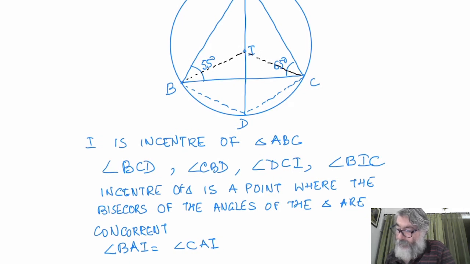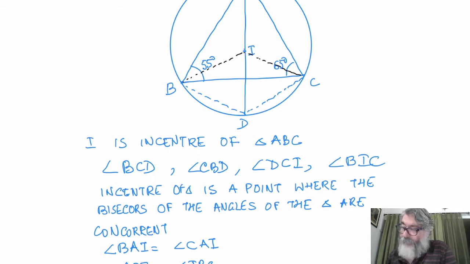Also angle ABI will be equal to angle IBC, and angle ACI will be equal to angle ICB.